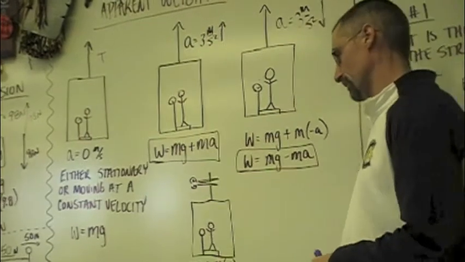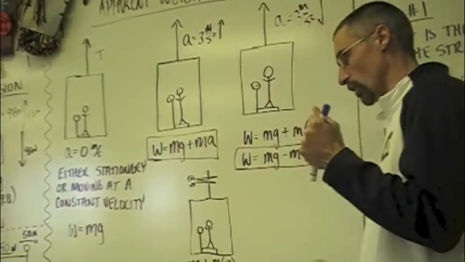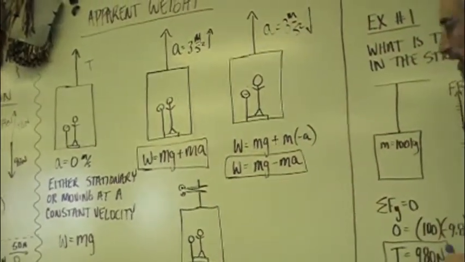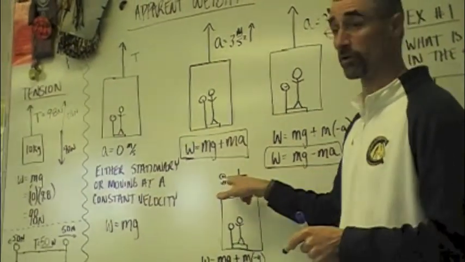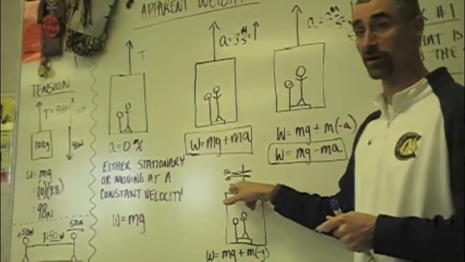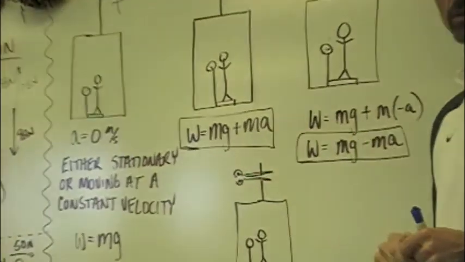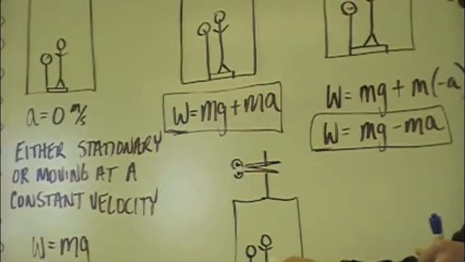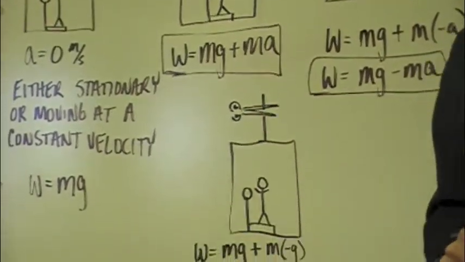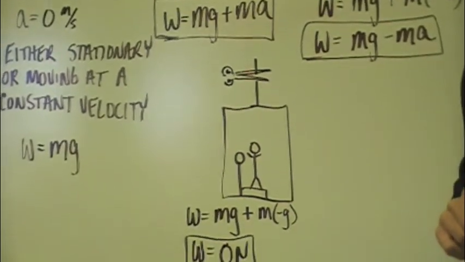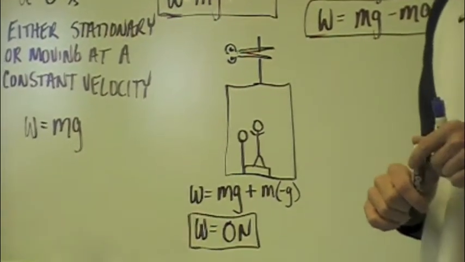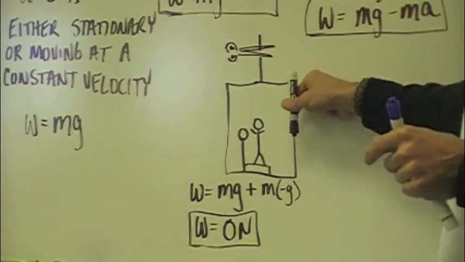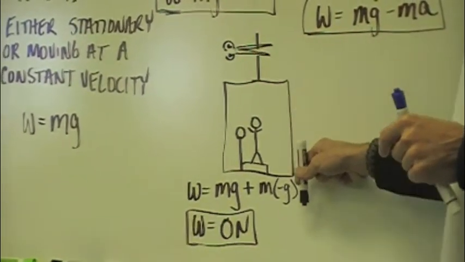And then the classic, and this is what we're going to talk about a whole bunch coming up. If you take, and I don't know, see the scissors, those are impressive right there, and you clip the cable, okay, what's going to happen to what that scale reads? Okay. Well, what's going to happen is the elevator is going to go into free fall.